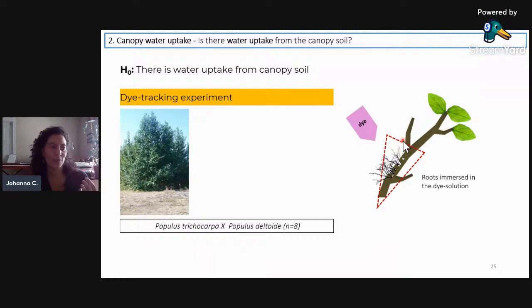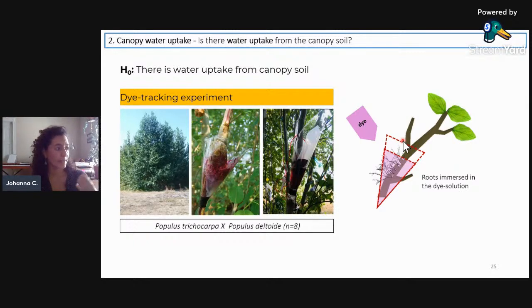We submerged all those roots in dye, in this case acid fluorescein, and here you can see real pictures of those cones. We wanted to see the movement of the dye traces across the tree. If there was water uptake, we would be able to see dye traces within the branch.